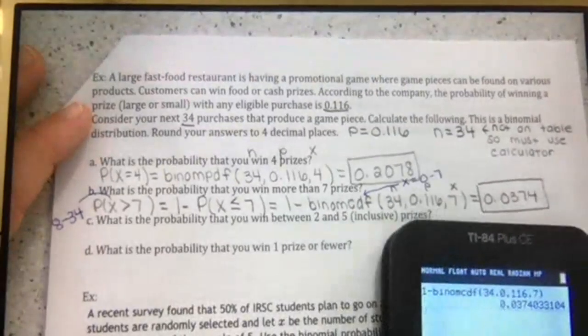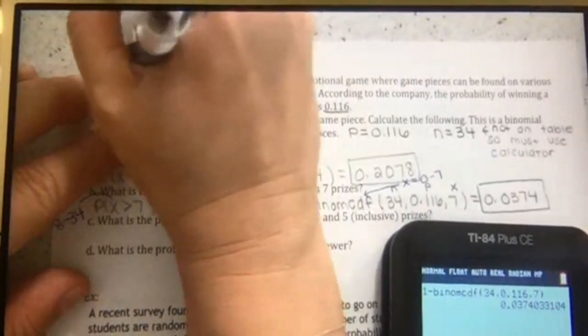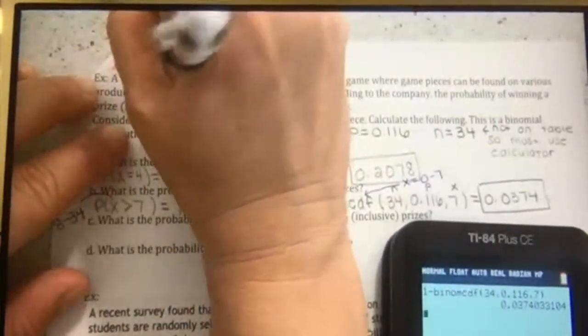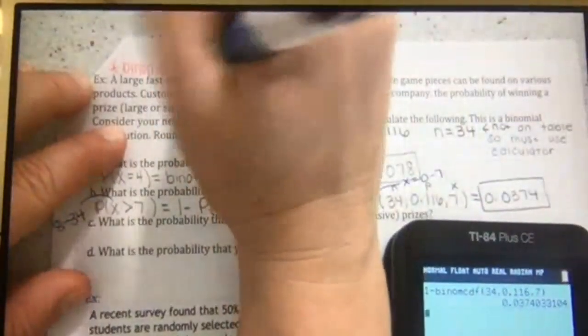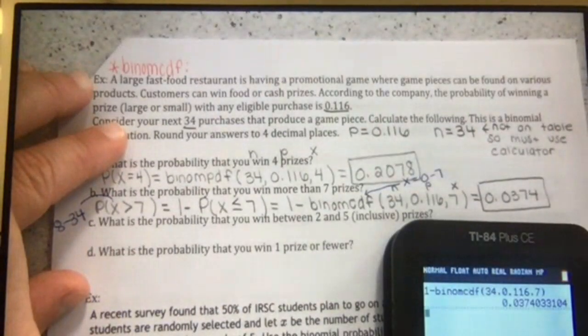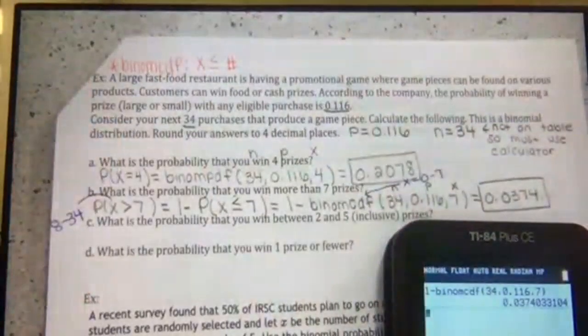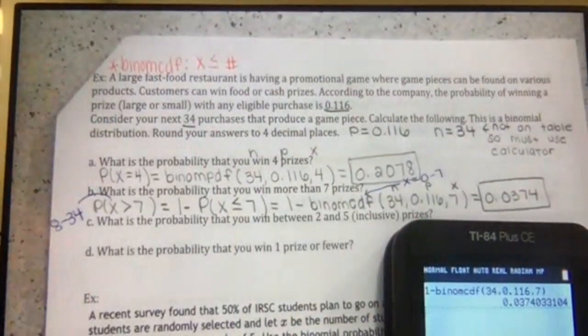So maybe just to put it into a notes thing up here. We're going to use binom CDF whenever x is less than or equal to some number, so it can be that number and less.